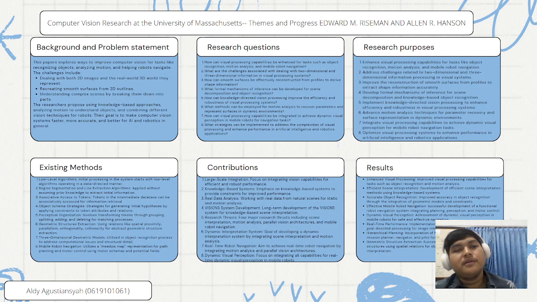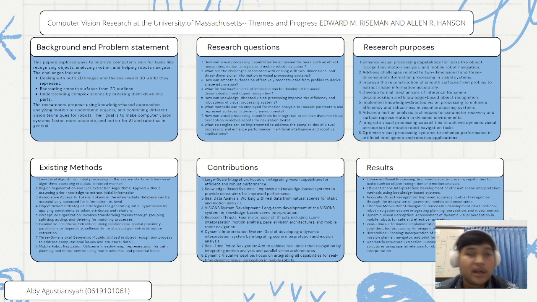The next paper is Computer Vision Research at the University of Massachusetts: Dance and Progress, by Edward M. Riseman and Allen R. Hanson. I'm pretty confident about that though. So for the background and problem statement, this paper explores ways to improve computer vision for tasks like recognizing objects, analyzing motion, and helping robots navigate.